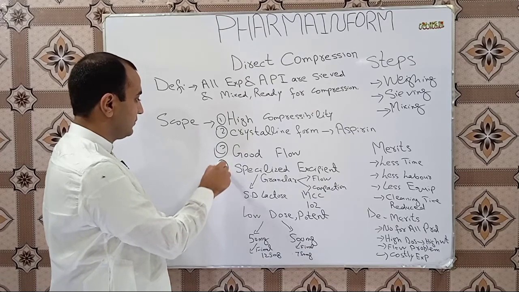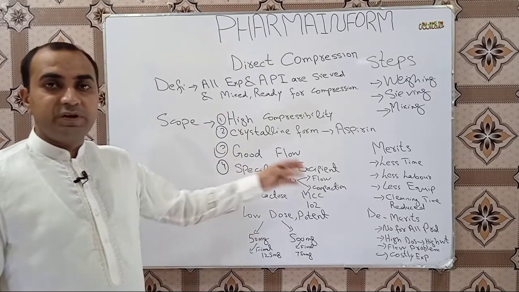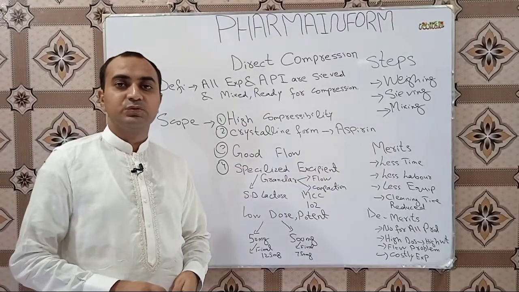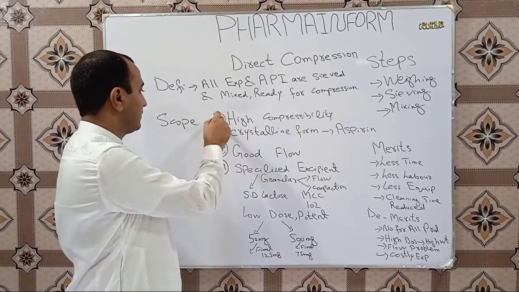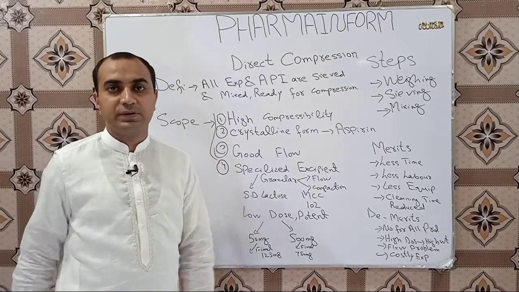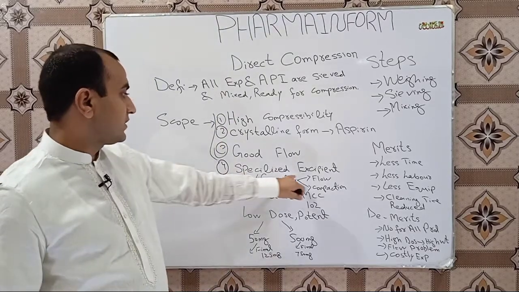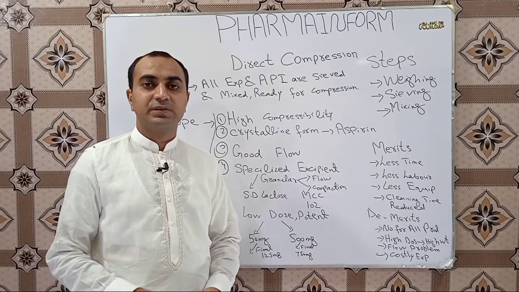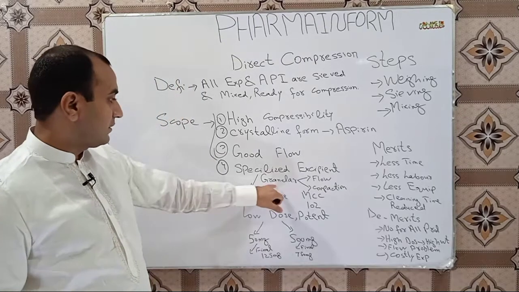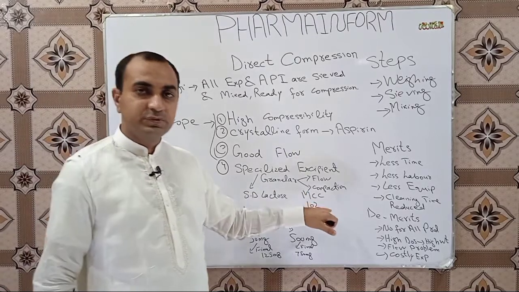Number four, the direct compression method can also be used for those products which do not have the above mentioned properties by using specialized excipients. Which type of specialized excipients are used? Basically, granular type excipients are used.